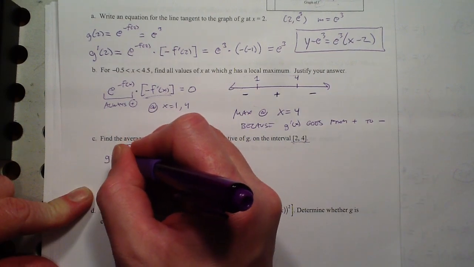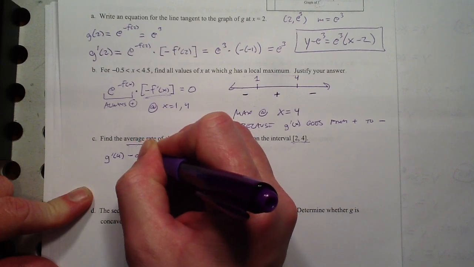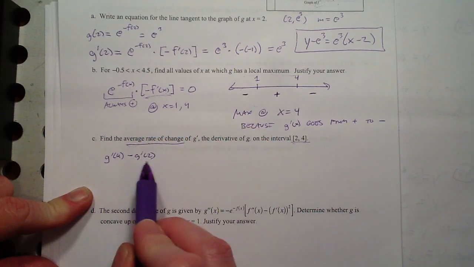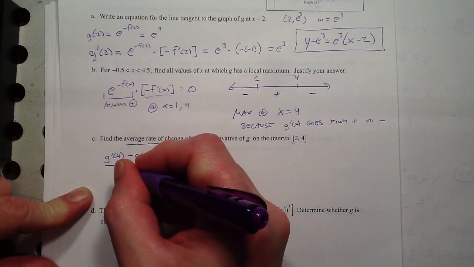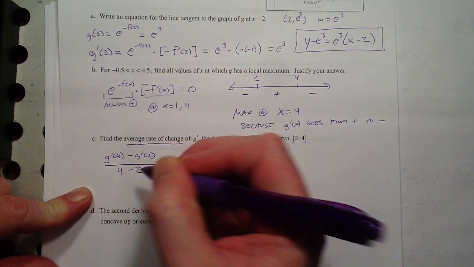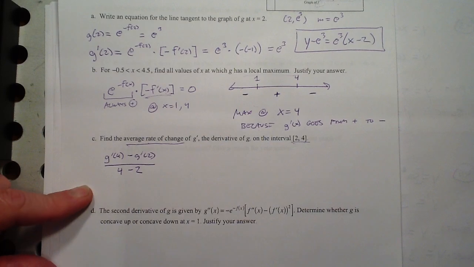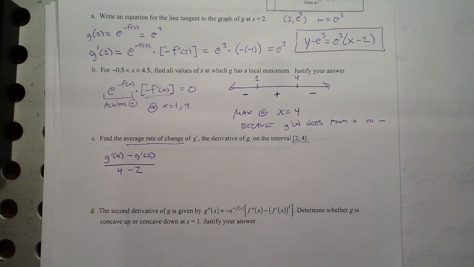So that'd be g prime of 4 minus g prime of 2, over 4 minus 2. That's like y2 minus y1 over x2 minus x1, right? It's the actual slope, average rate of change. Now let's see what we can do with that.